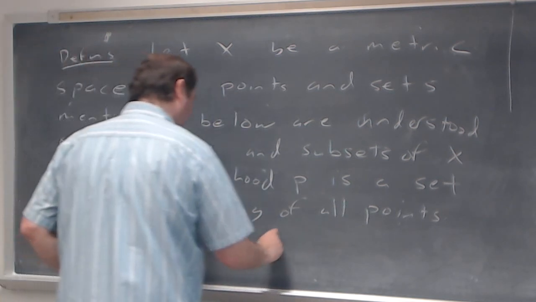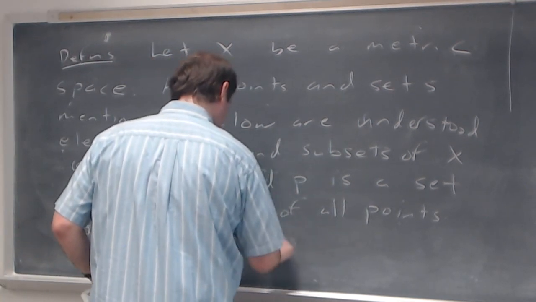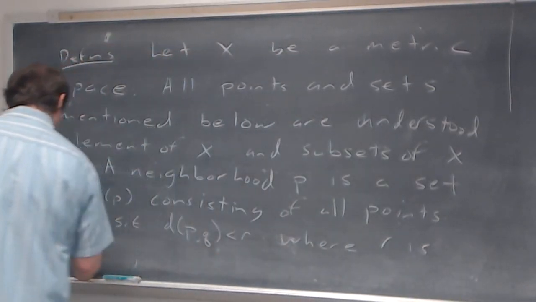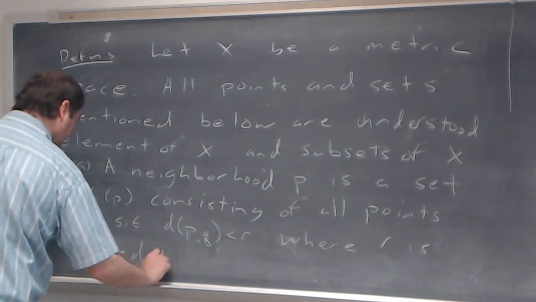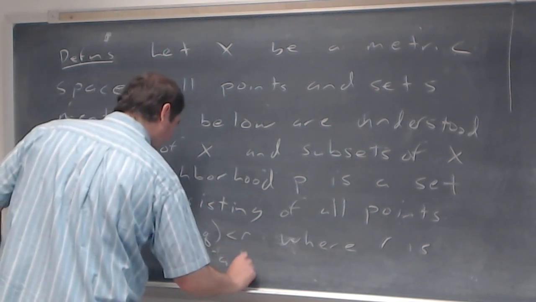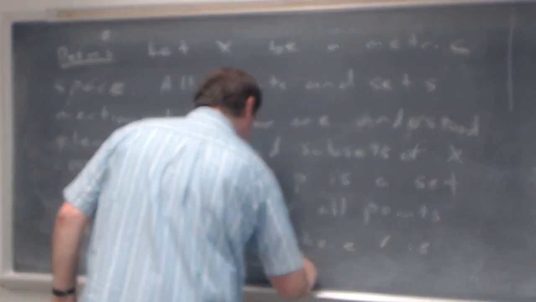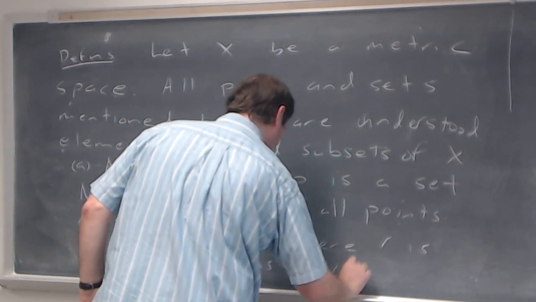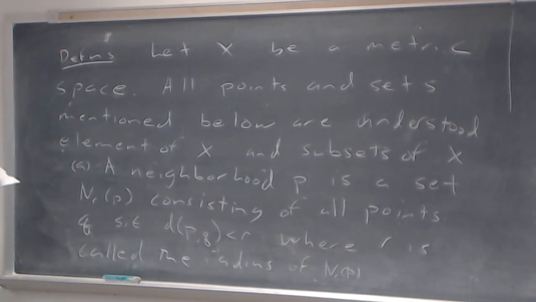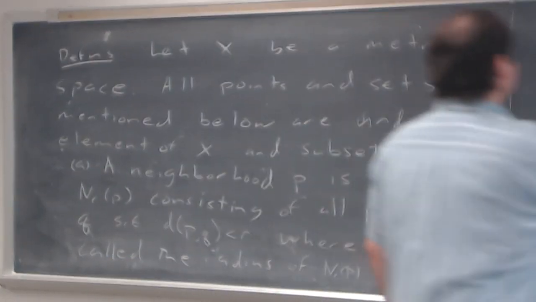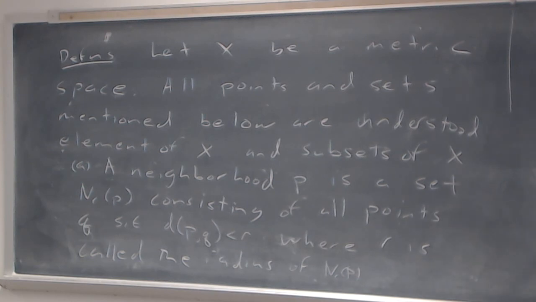And r is called the radius of this neighborhood N_r(p). That is analogous to the definition we just gave a few seconds ago about the open ball in R^k. I'm going to do an example in R.